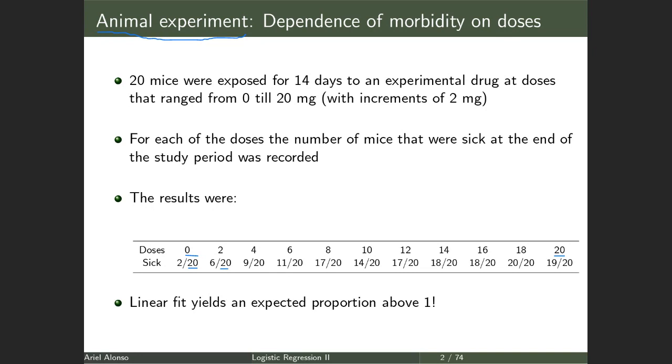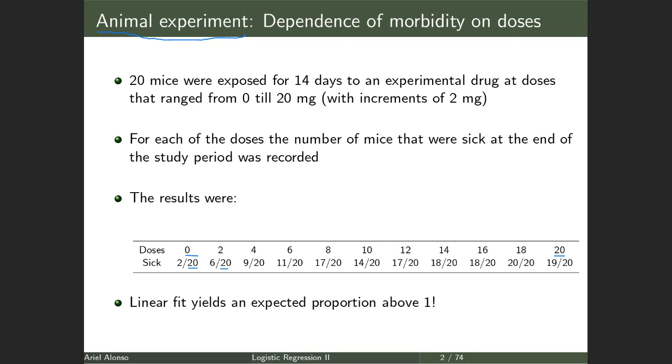This is a very typical type of study you do when you are developing a new drug, and one of the first phases is to use it in animals. It's called preclinical studies, and you're trying to determine the maximum safe dose. So what is the maximum dose that I can use before I induce harm in a large proportion of the population?